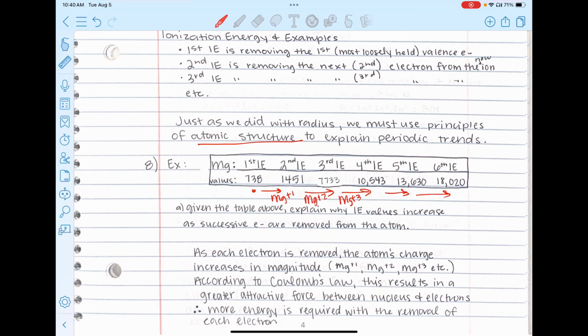Okay, so that's what I'm referring to. Notice the magnitude of the charge of the ion increases every time I remove an electron. Well, according to Coulomb's law, right, the greater the magnitude of charge, the greater the attractive force between the nucleus and electrons, which means more energy is going to be required to remove the electron.